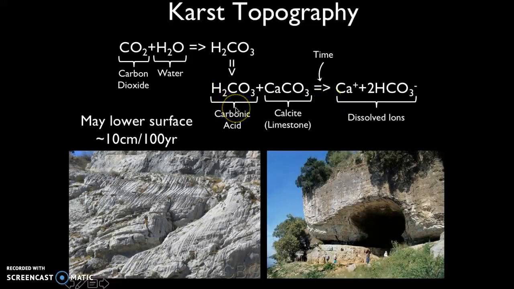That carbonic acid, once it precipitates as rain or snow or hail, whatever medium, then reacts with the calcium carbonate that makes up the rocks. That reaction gives you bicarbonate and a calcium ion that is separated from that molecule. By doing so, you're breaking up the limestone and splitting up the molecule, so you're no longer going to have what makes up the limestone itself, that calcite component of it.